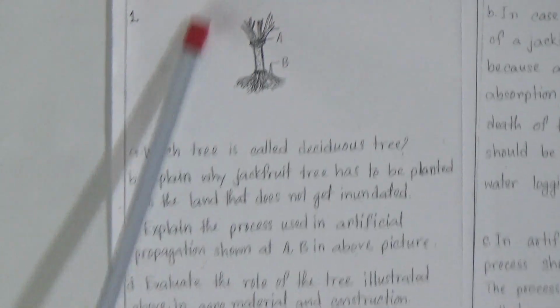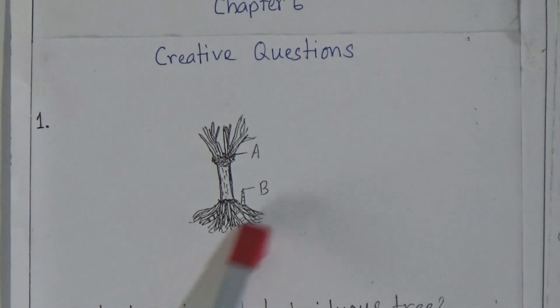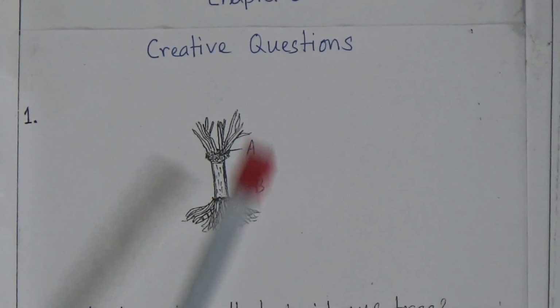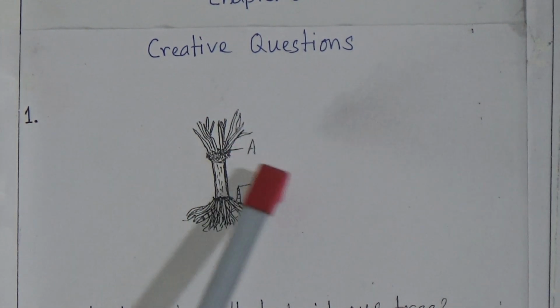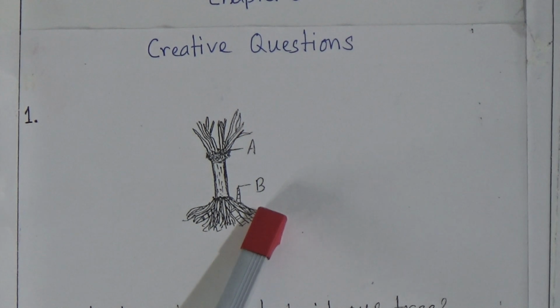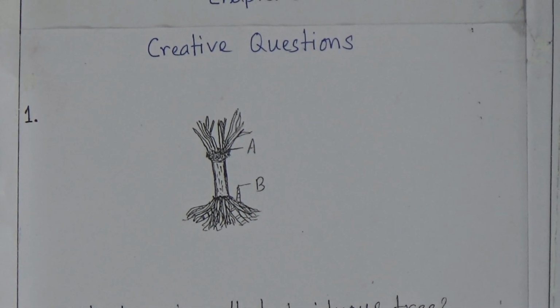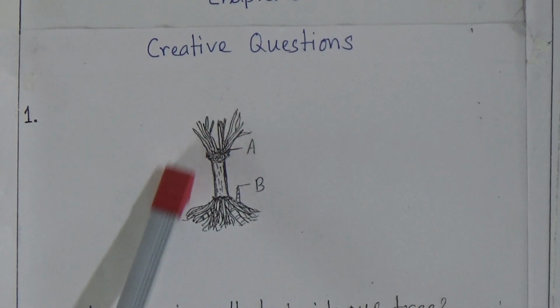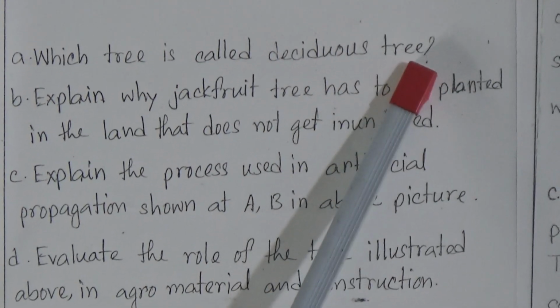And now look at this picture. This is the picture of a bamboo, right? There is a part A and part B, and now you will try to remember the picture. Where did you see it? And the first question is, A, which tree is called deciduous tree?